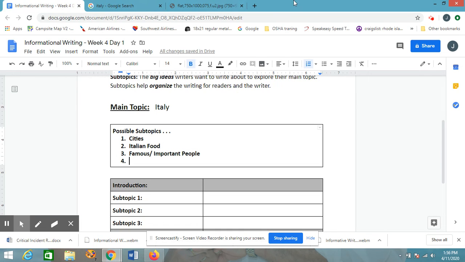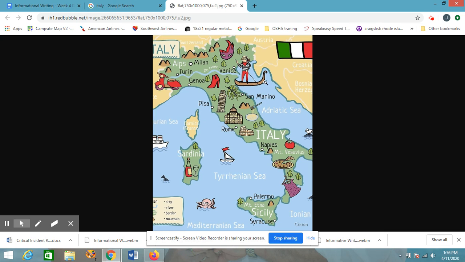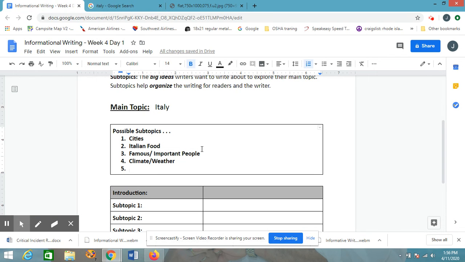I could talk about the climate. Climate means like weather. I could talk about the climate in Italy. I'll put weather too. What else could I write about this place? I have cities, Italian food, famous important people, climate or the weather. I could write about a brief history, how it became a country.